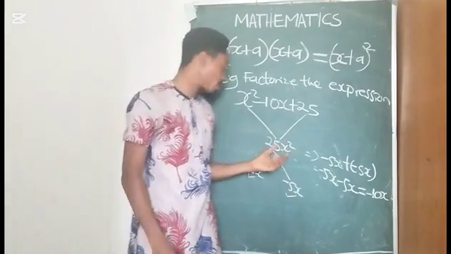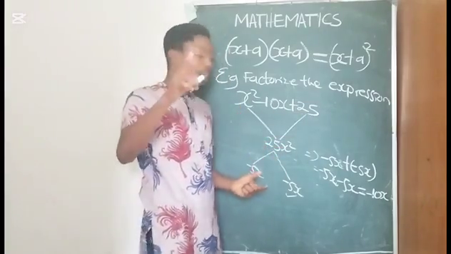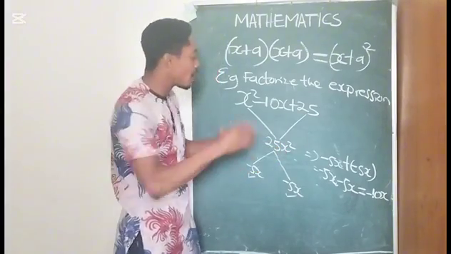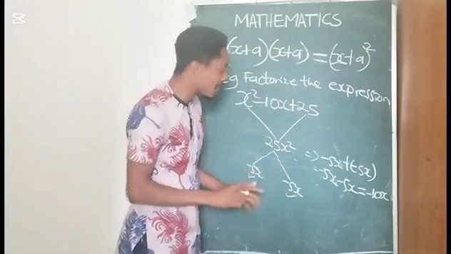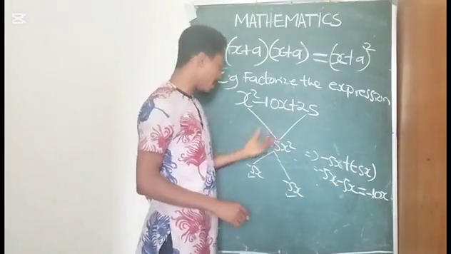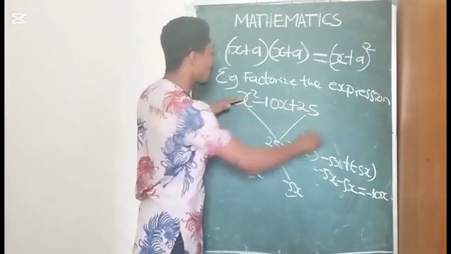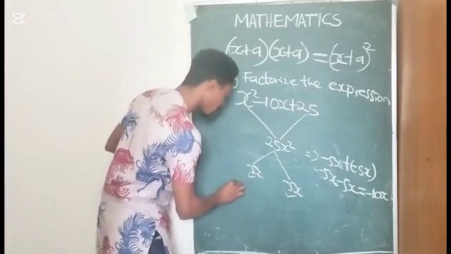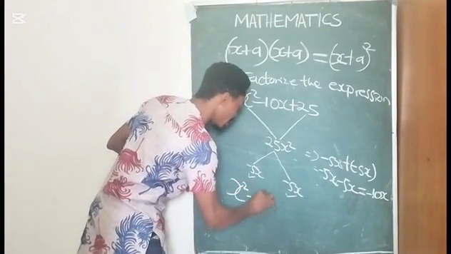If the factors of the product of the first term and the last term do not give you the middle term when added, we cannot go with those factors. But since the sum of those factors gives you the middle term, those factors are correct.